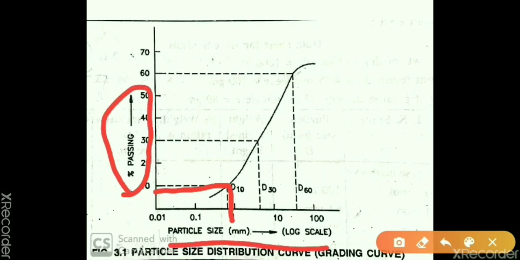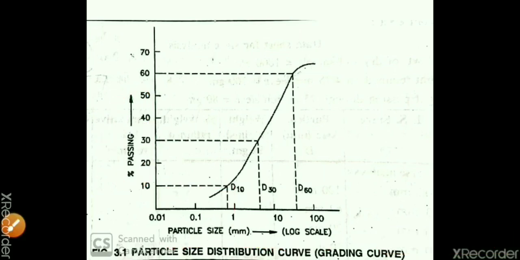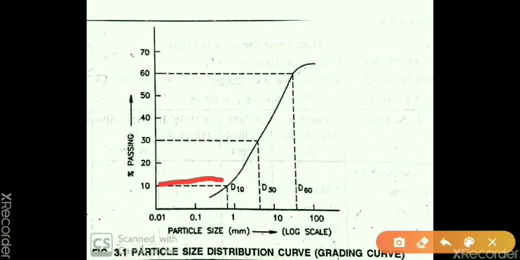Please listen carefully. Here is the D10 size, and our plot is percentage passing versus particle size on a log scale. This plot is of percentage passing. D10 is that this percentage is 10 percent, and this axis is particle size.